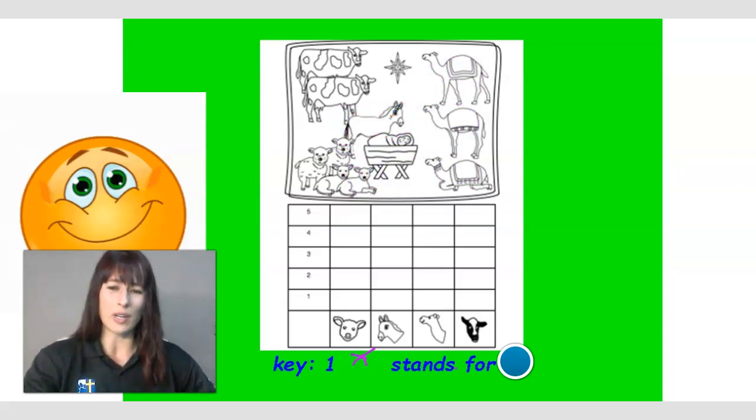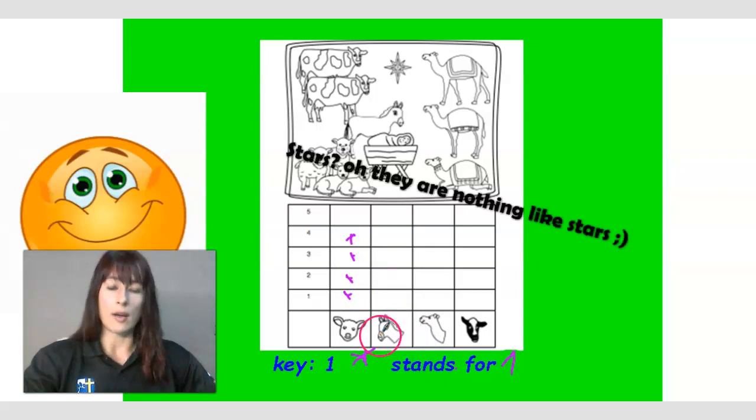So the only number that I really could use for this key is 1, because none of these numbers are in a table of 5 or 3 or 2 or 4. So I would only be able to use the key 1, okay? That stands for 1. So sheep. We have here 4 sheep, so that means I'm going to draw here 4 stars. Yeah, those are stars.